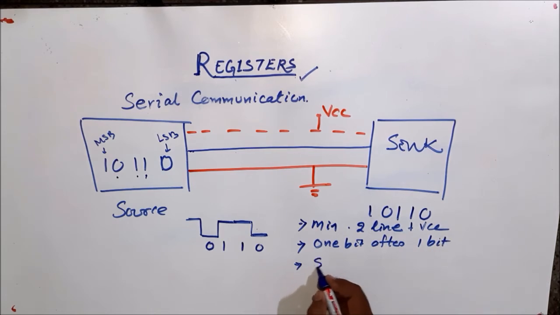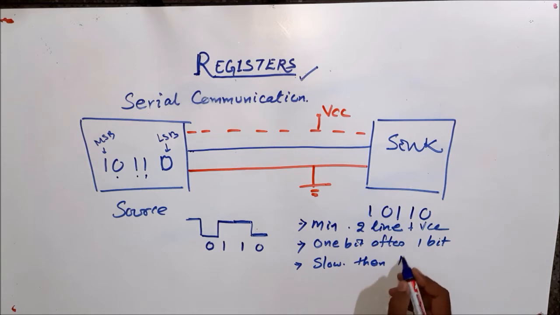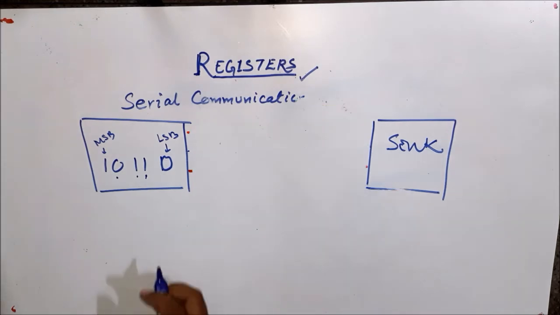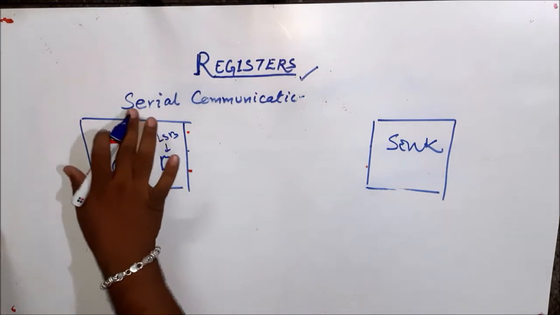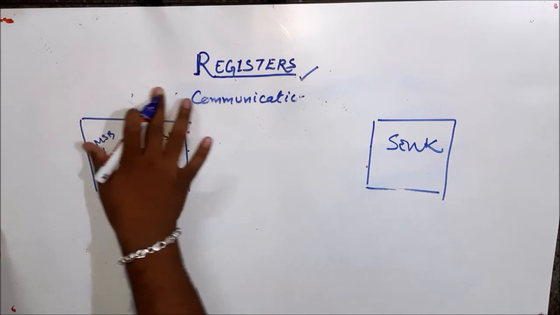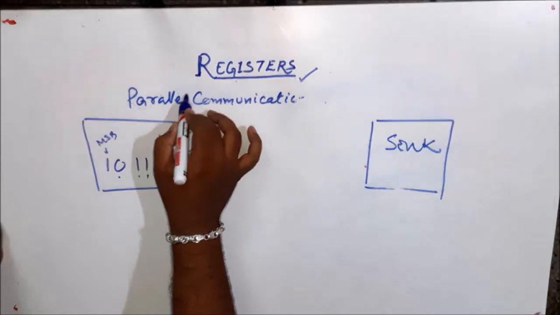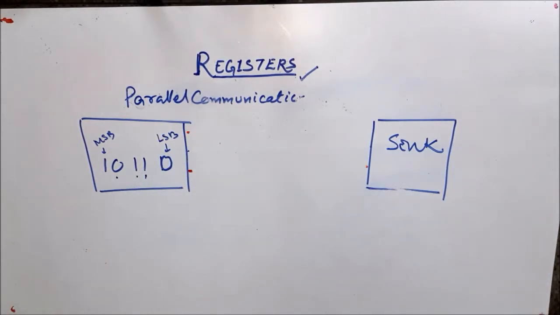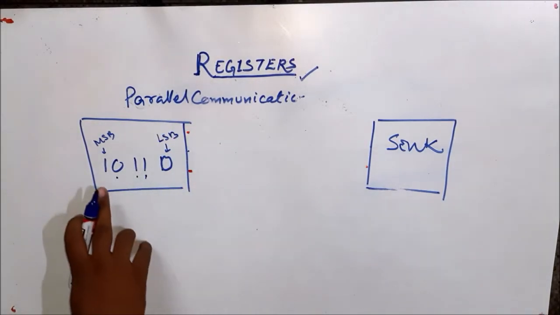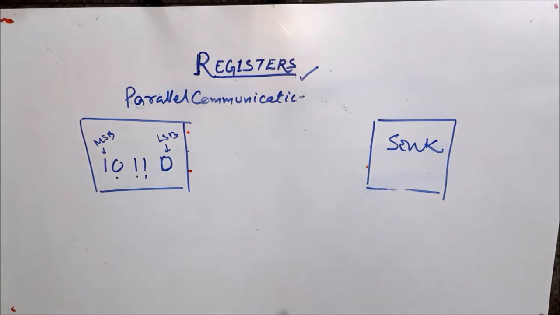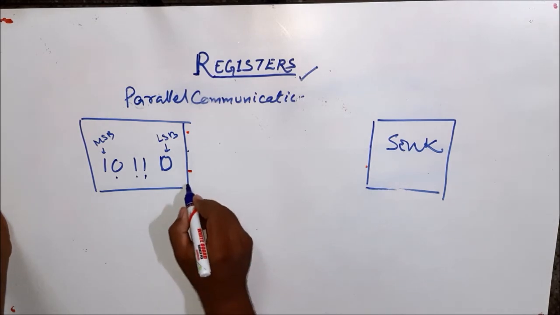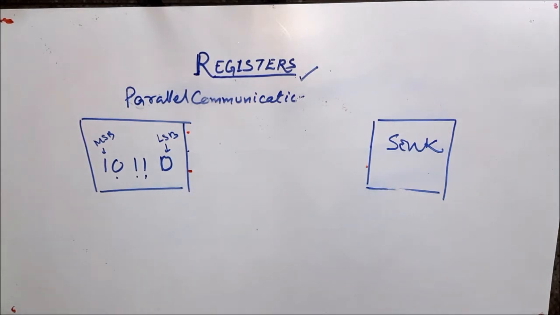It is slower than parallel. With the same example, let me remove this and make it parallel communication. For parallel communication, if I have 5 bits of data, I have to use 5 plus 1 lines, because I need 1 line for ground.